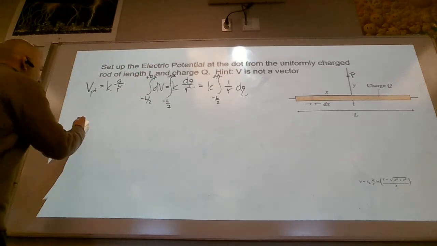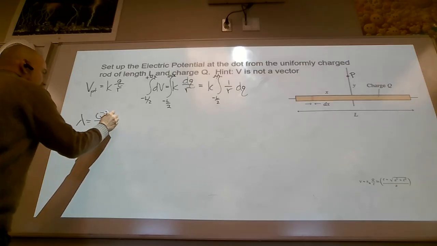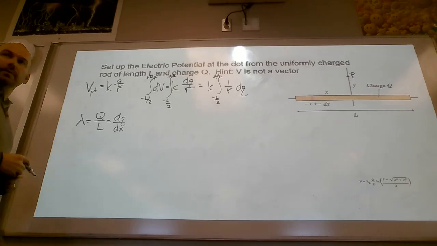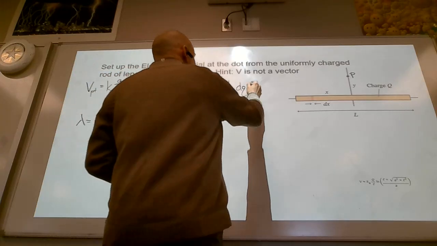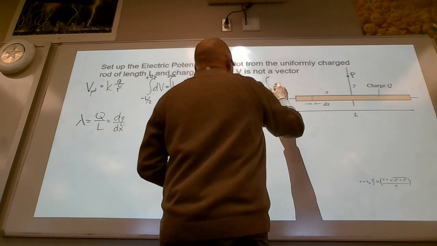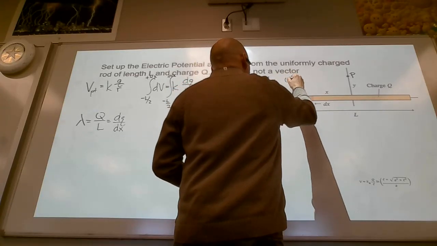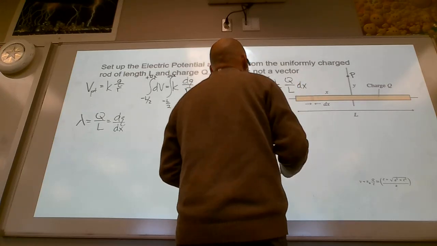Okay. So this is where the linear charge density comes into play. So I can now make that substitution. So I've got K, 1 over R, Q over L, dx.